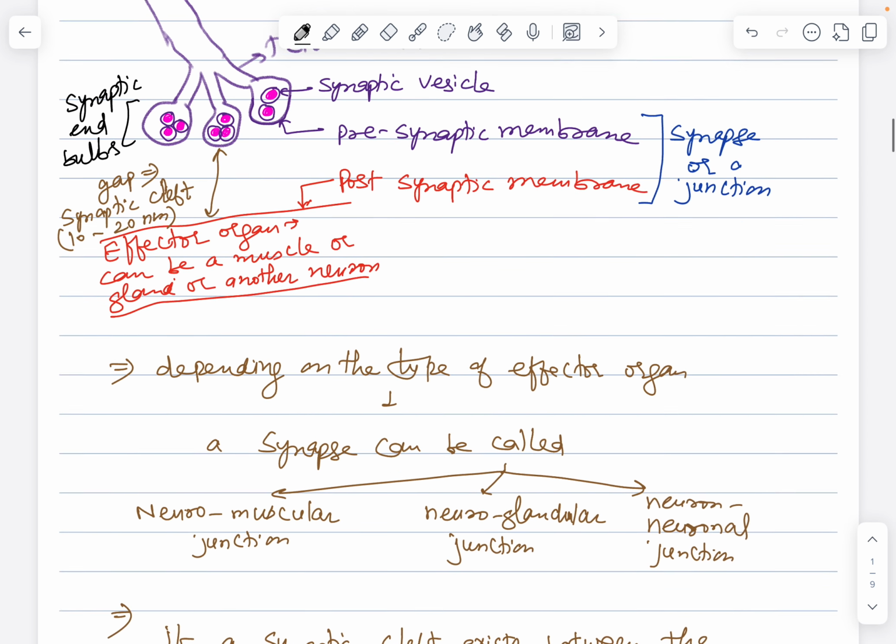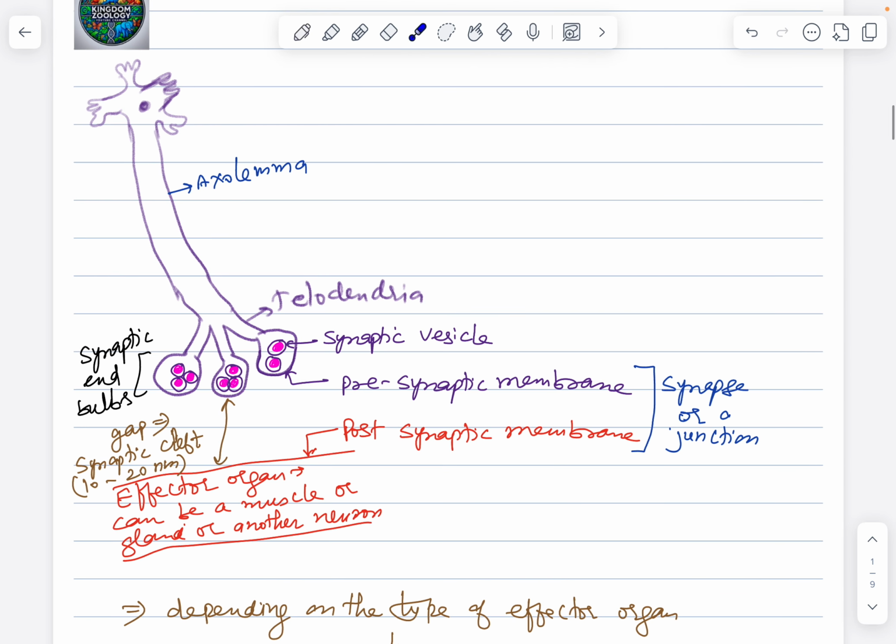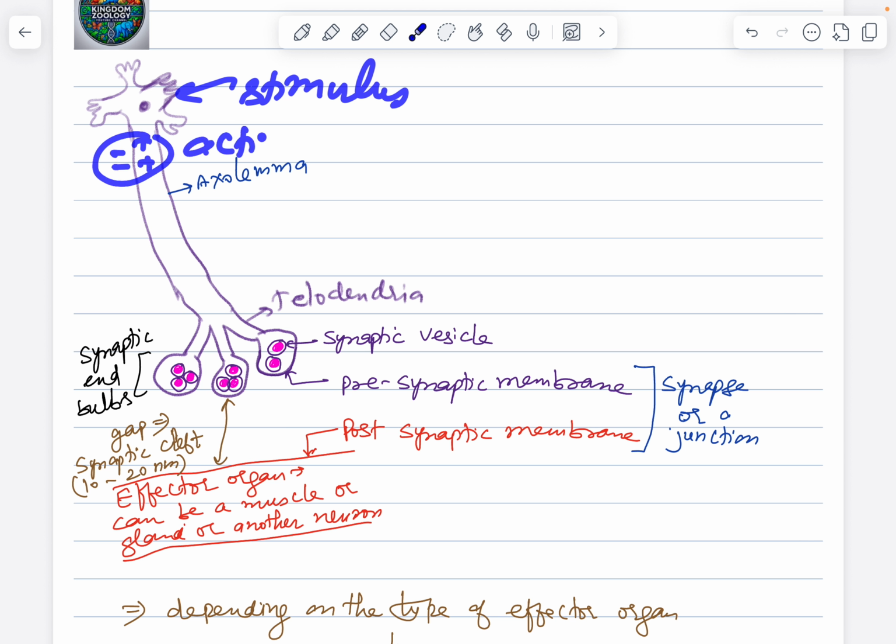Let me take you back to the diagram here. There is collection of a stimulus by the dendrons, generation of an action potential over here, or a mild electrical current, transmission of that mild electrical current over here. Do you think right at this moment, when the electrical current is present on the axon membrane, it will go and affect or regulate the activities of the effector organ immediately?